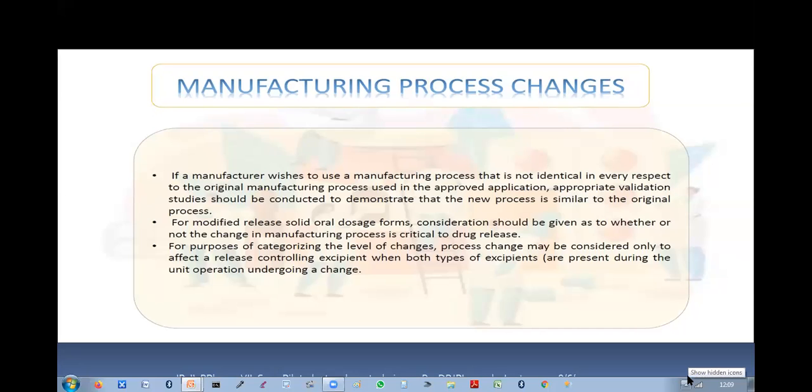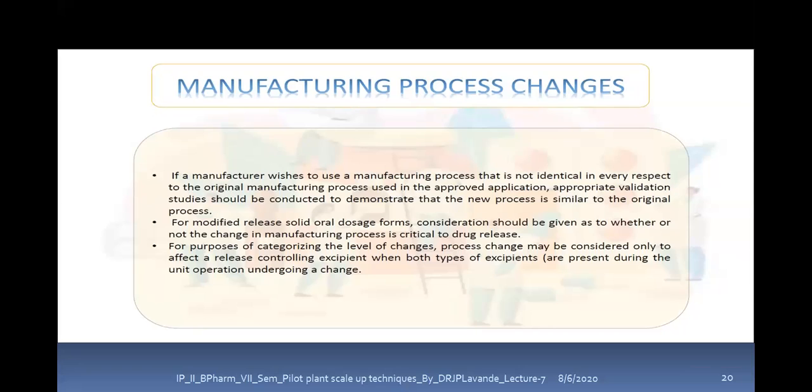If the changes are not in relation with the already approved one, then the study needs to be demonstrated, which will clearly indicate that the new process gives the same effect, the same reports and the same processes.